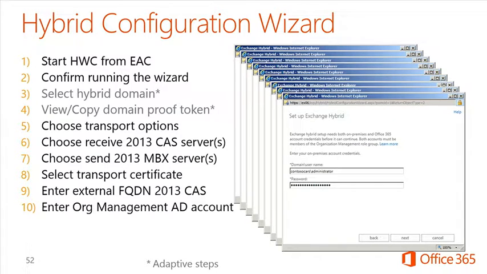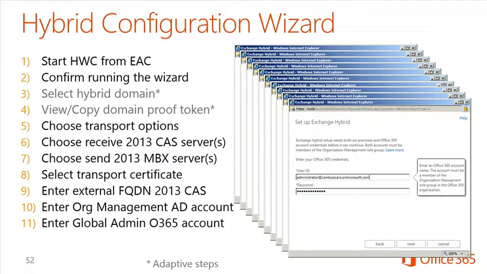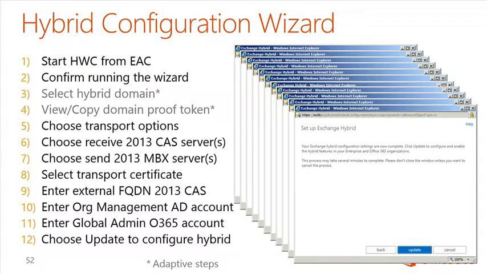That single Outlook Web App URL. And then some credentials. We need a credential for our on-prem environment that has org management capabilities, and we need our global admin Office 365 credentials to make the modifications required on the Office 365 tenant. Once complete, you click on Update, and all the benefits that we've showed you over the last dozen or so slides will come to fruition for you and your users.